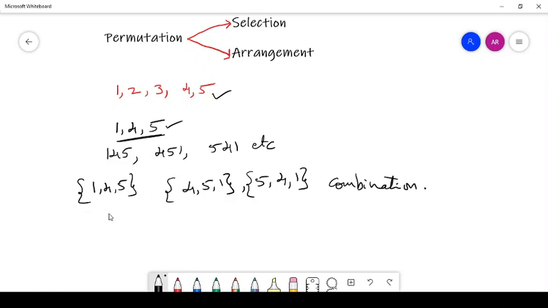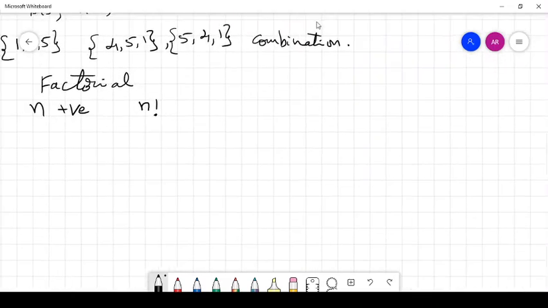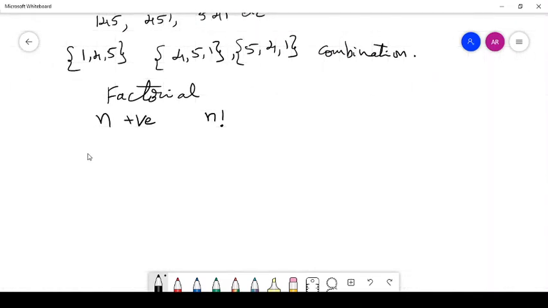Next one, factorial. If n is a positive integer, we define n factorial. It is read as n factorial. n factorial is equal to n into n minus 1 into n minus 2 up to 3 into 2 into 1.